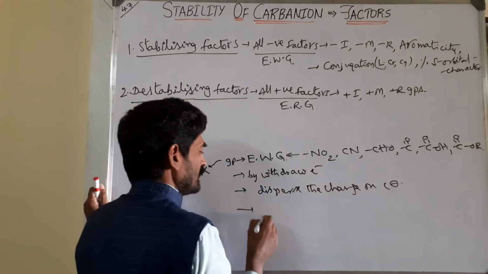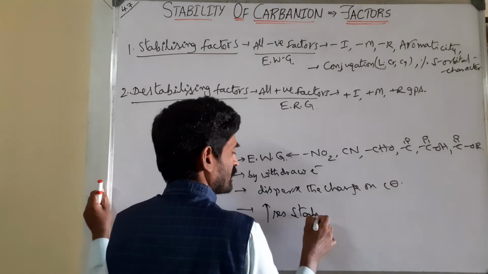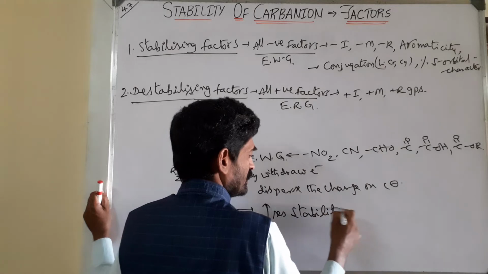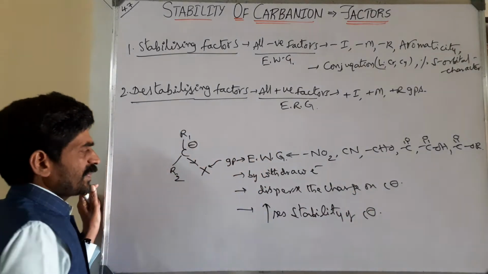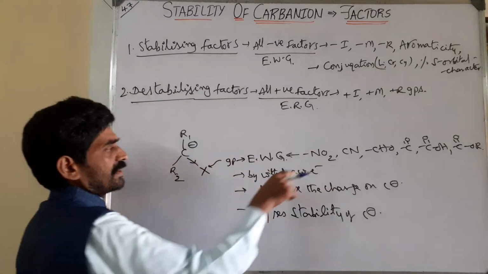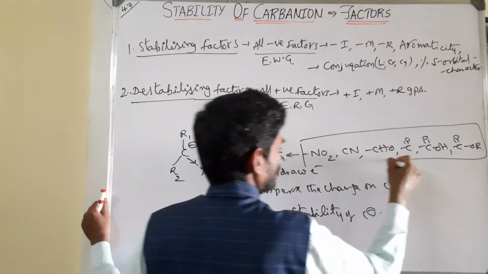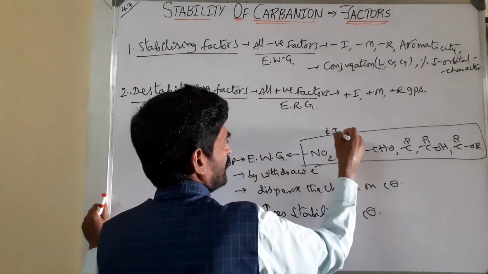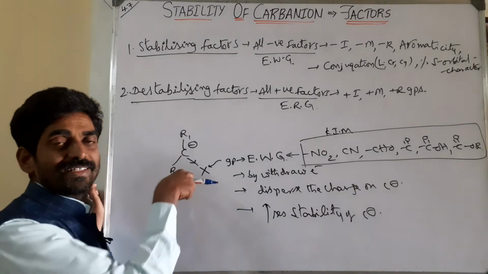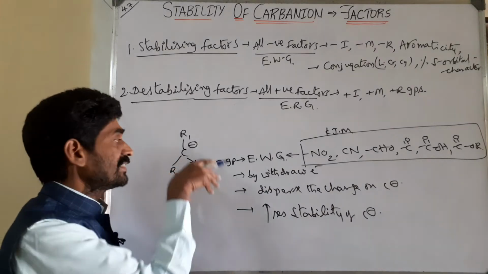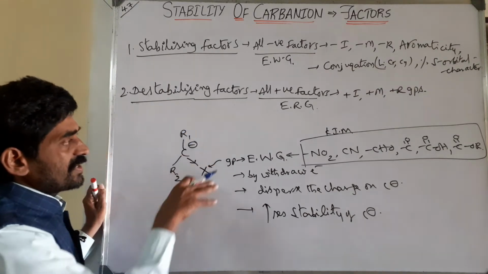So that's why it increases the stability of carbanion, right? Is it clear? That means if these groups are present on the carbanion, you have to keep in mind that they increase stability by withdrawing electrons, so the charge is dispersed on the carbanion, and because of that it becomes stable, right? Is it clear? Copy it fast.